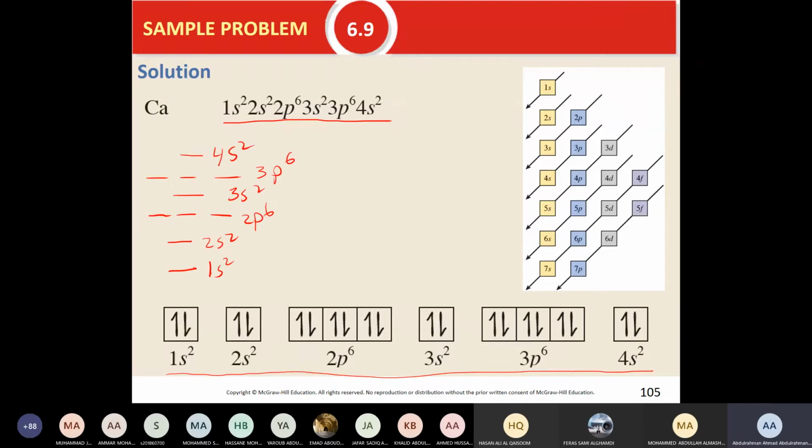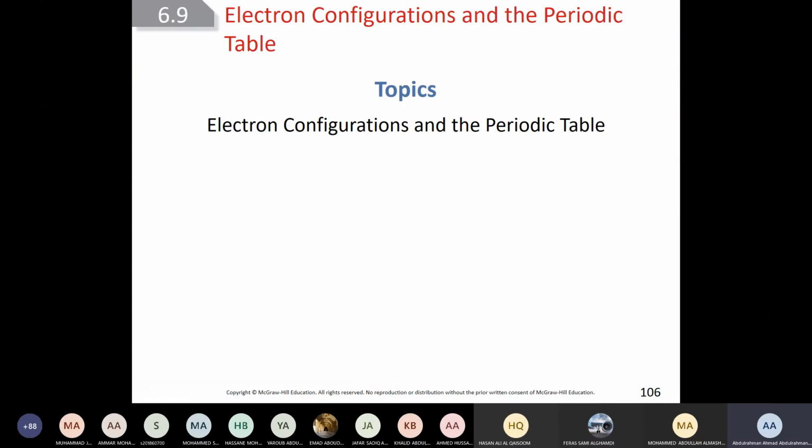Can I do it another way? Yes, I can do the boxes in their energy level. So I can write 1s, 2s, 2p, 3s, 3p, 4s2. Is this clear? I hope so. Good.